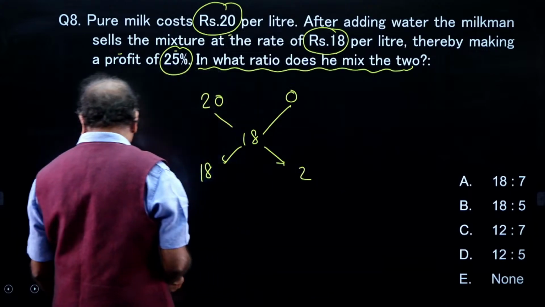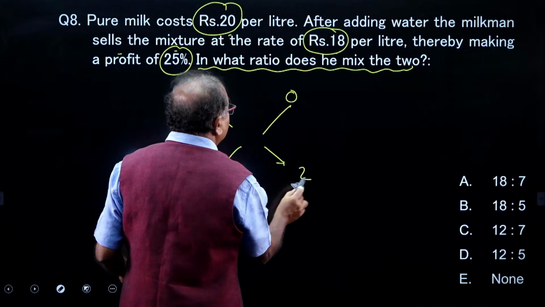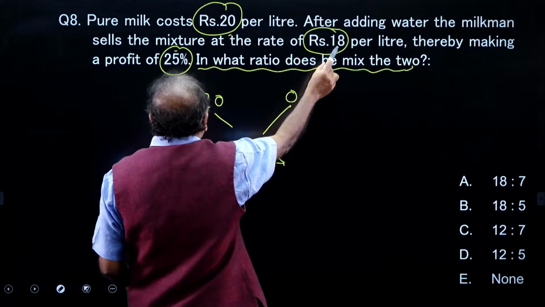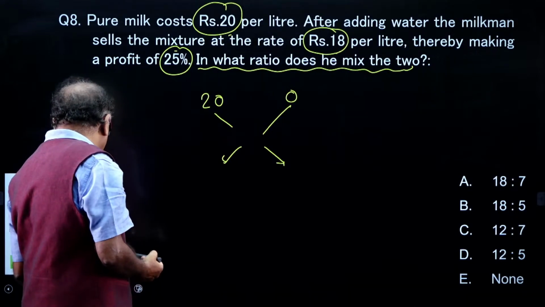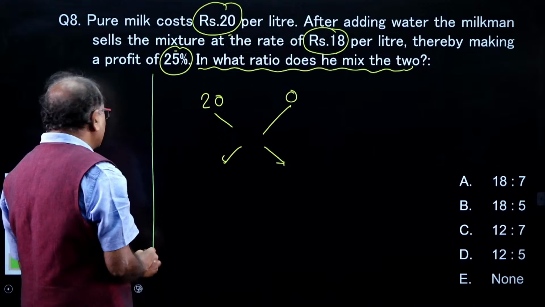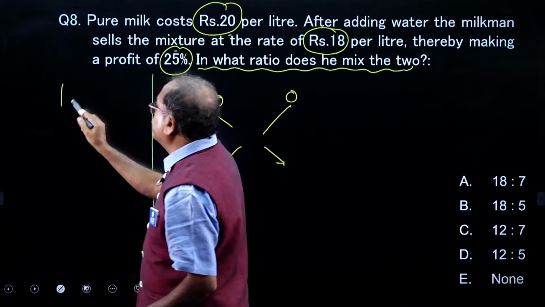I made a small mistake over here. This is not 18. He sells the mixture at 18 and makes a profit of 25%. So, I need to find out the cost price over here. The 18 rupees is the selling price.